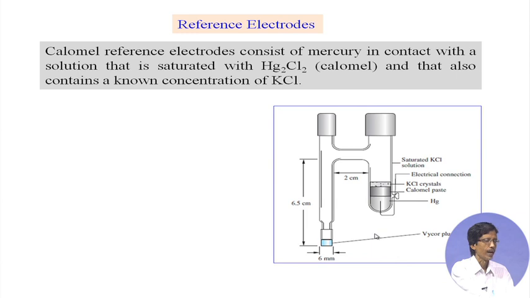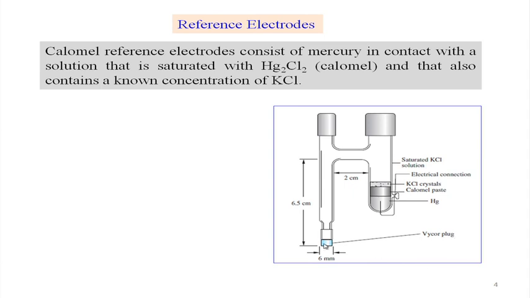The arrangement for that is a little bit complicated, where you now have an H type of tube. These are two caps basically. When you get this H type of tube, you have a long end of about 6.5 centimeter, a separation of 2 centimeter, and a 6 millimeter width, and there is the Vycor plug, which is your typical permeable membrane.